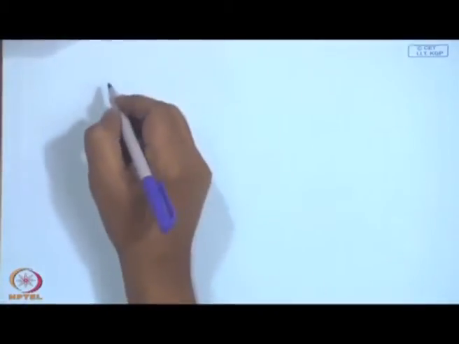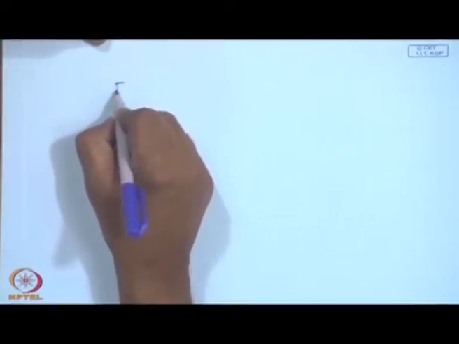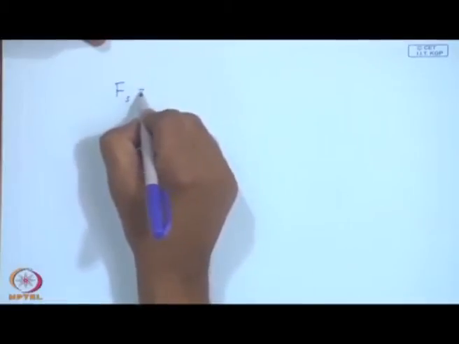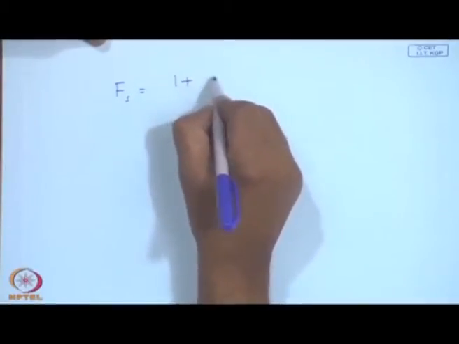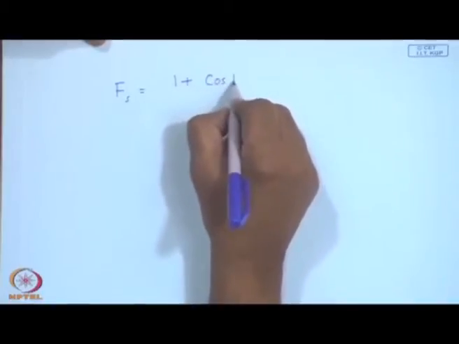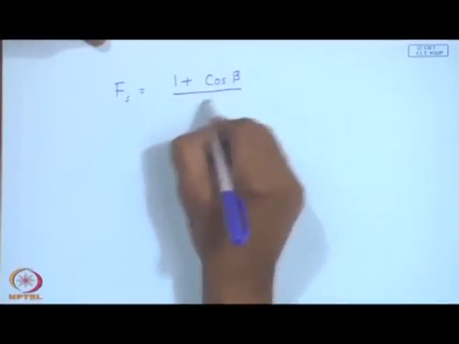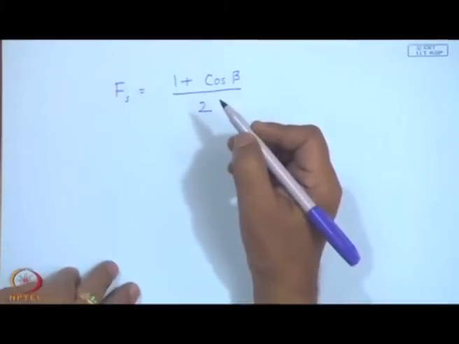Similarly, this f s associated with G d is given by 1 plus cos beta by 2, where beta is the slope.